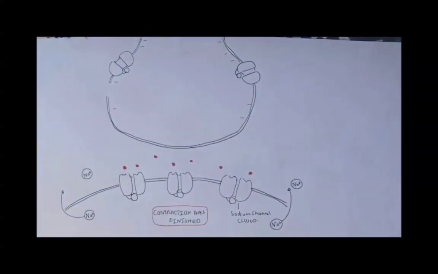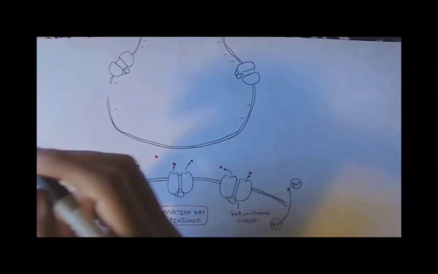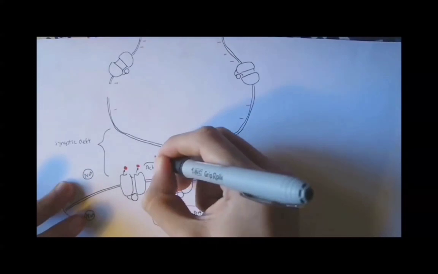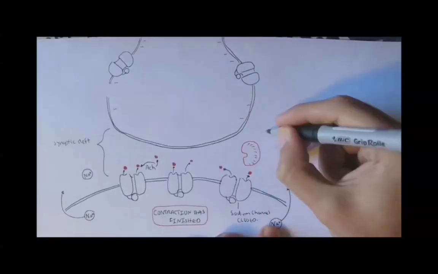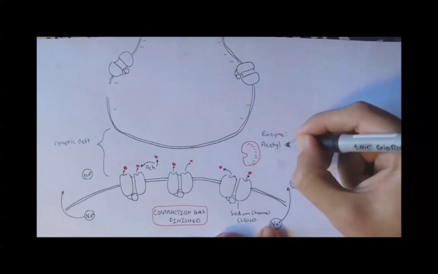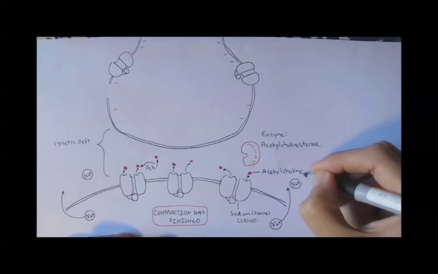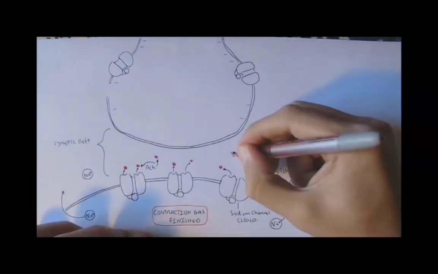So here we have acetylcholine moving out. And now a very special enzyme called acetylcholinesterase. This enzyme, acetylcholinesterase, will break down acetylcholine. So here we have acetylcholinesterase and here is acetylcholine.